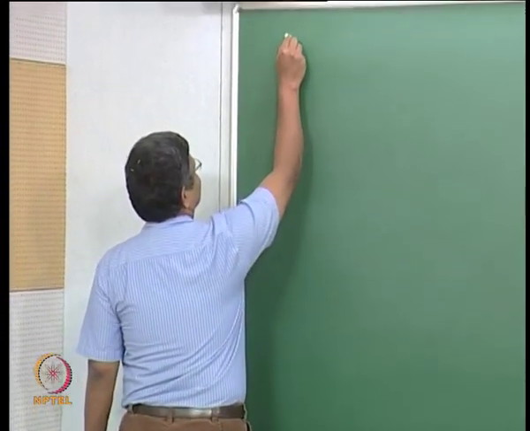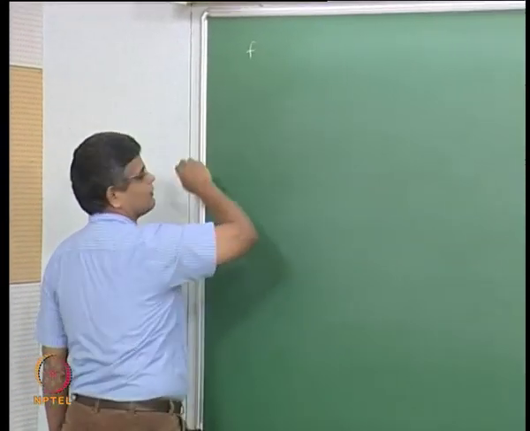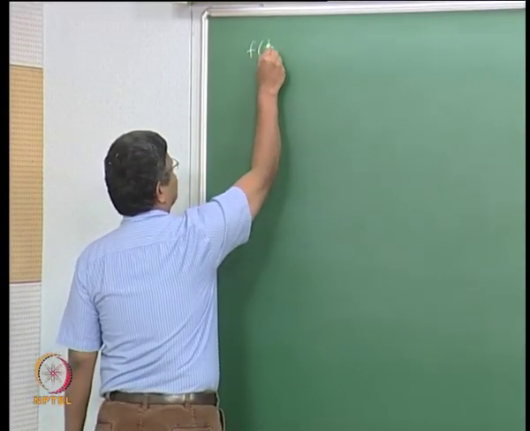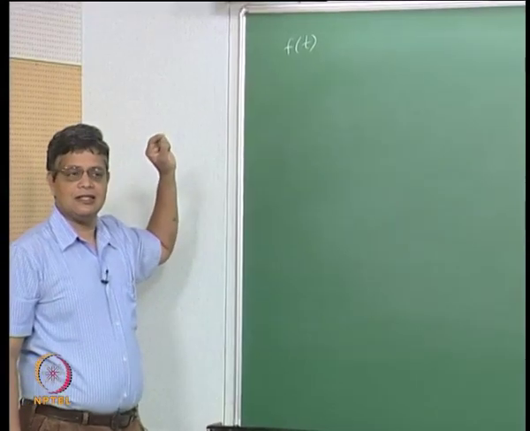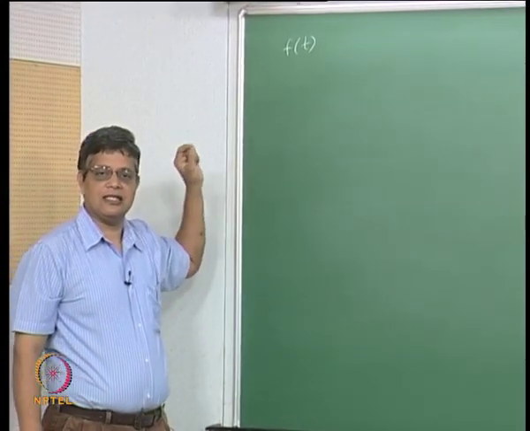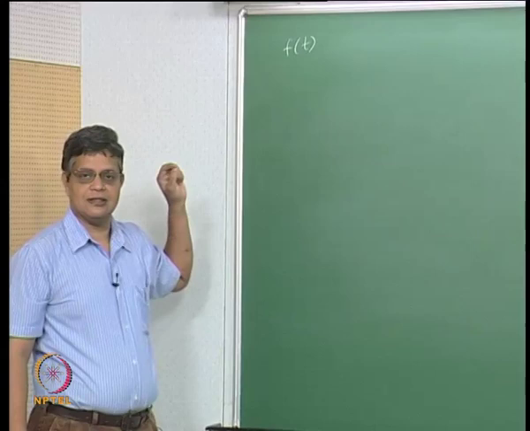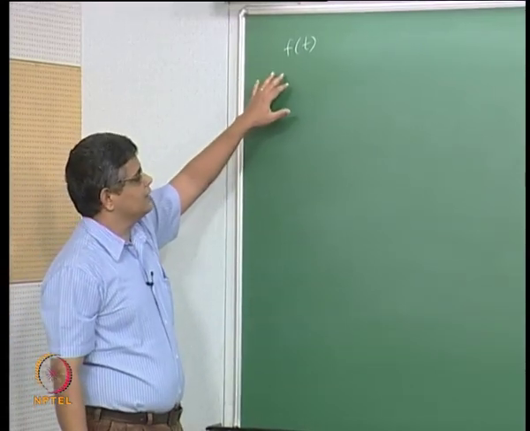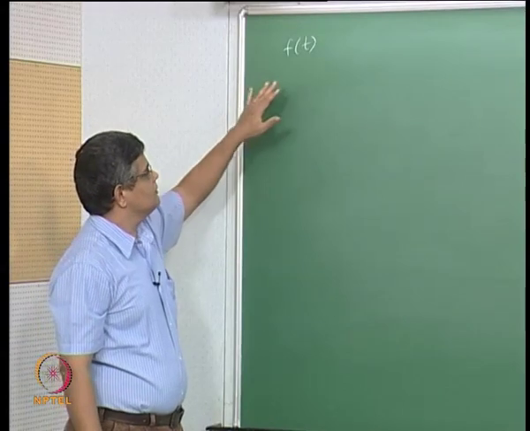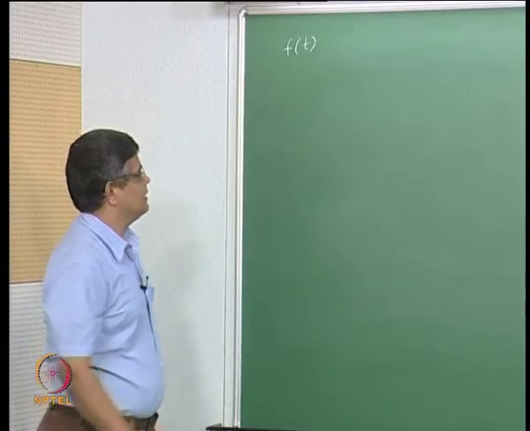We have said that if f is a quantity which is a function of time, for example the f here may represent a particular velocity component at a particular spatial location as a function of time, then in turbulent flow this is going to show a very rapid variation.